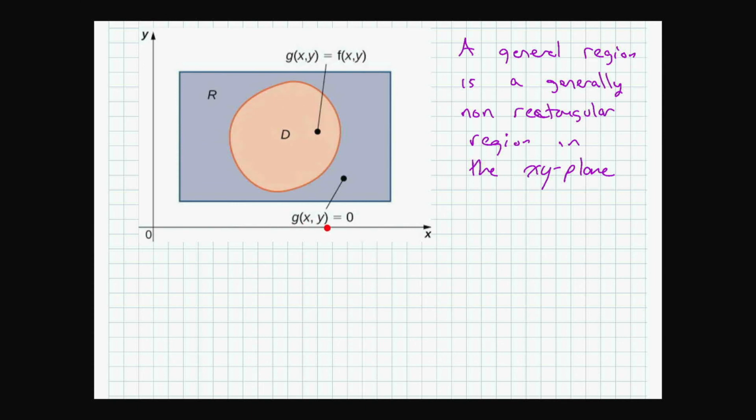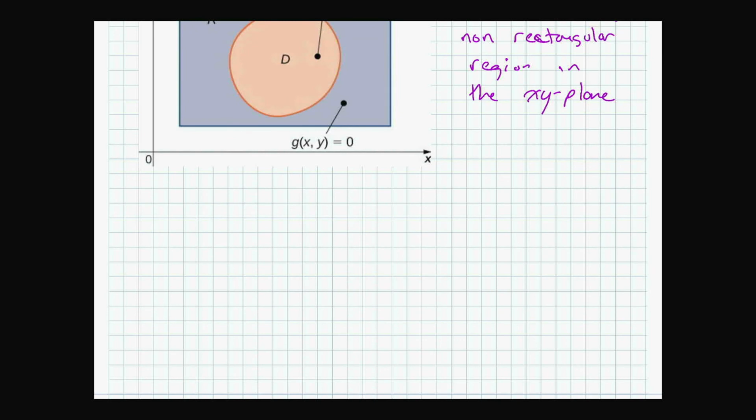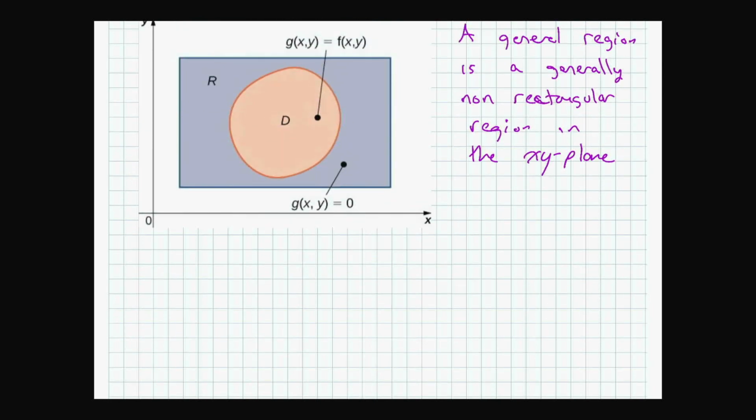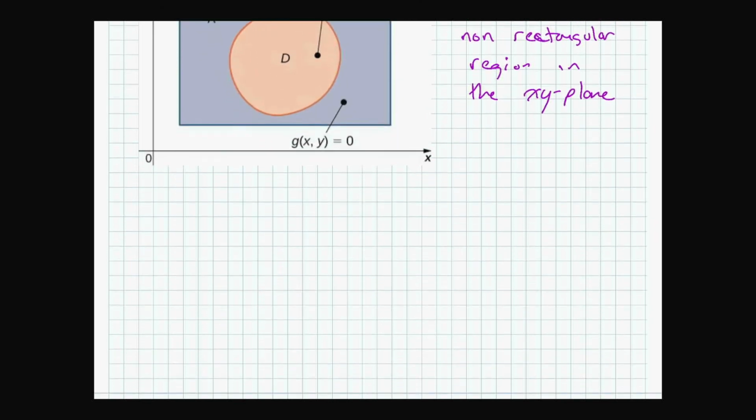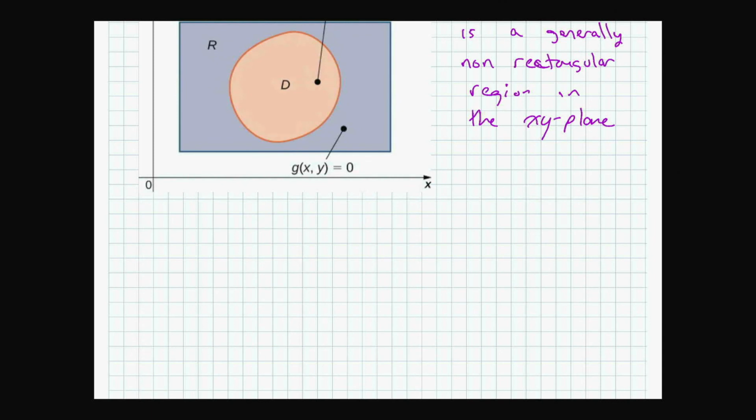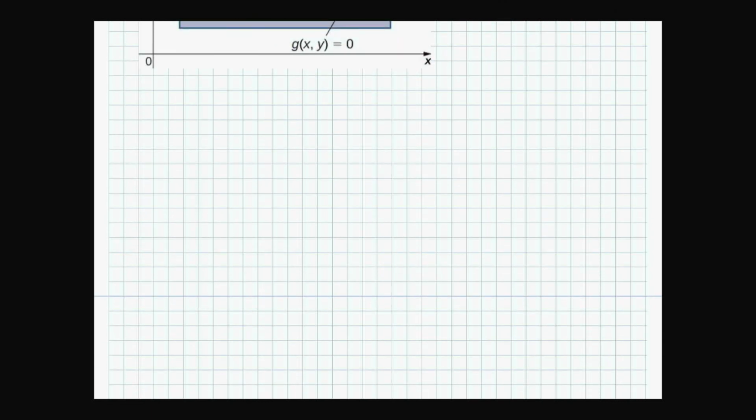So why do we care about that? Well, it's because they want to relate the integral over a rectangular region to an integral over the non-rectangular region that's inside of it. But I don't think we really care too much about that theory.